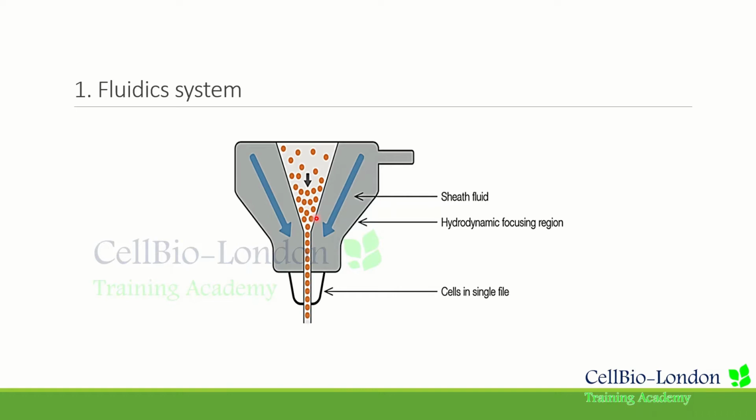The fluidics system consists of a central core through which the sample fluid is injected, enclosed by an outer sheath fluid. These two parts with the yellow arrows are the outer sheath fluid, and it helps the cell suspension to be ordered in a single cell line.